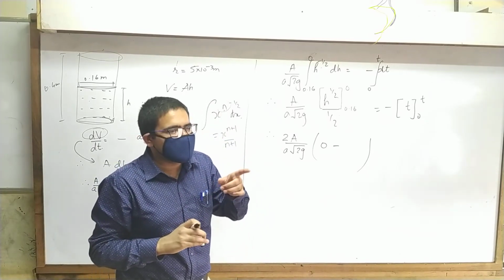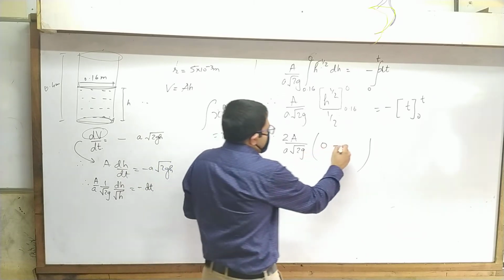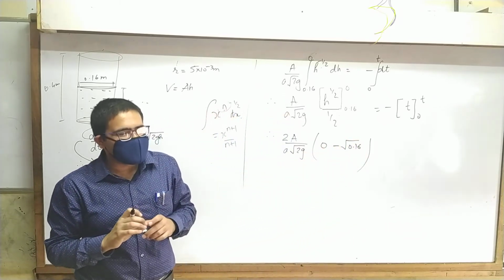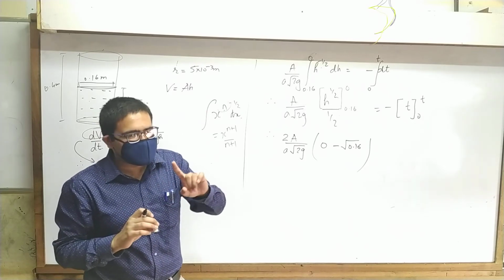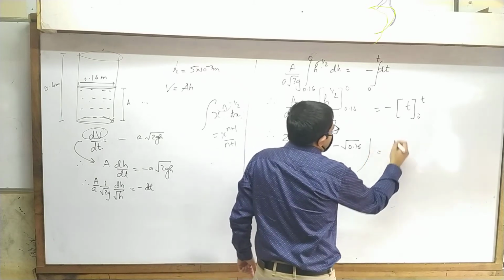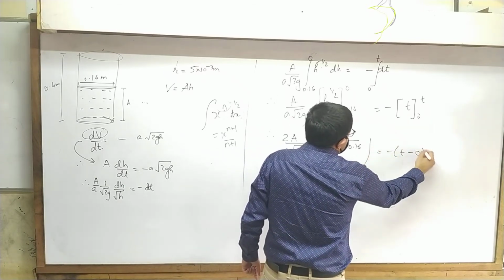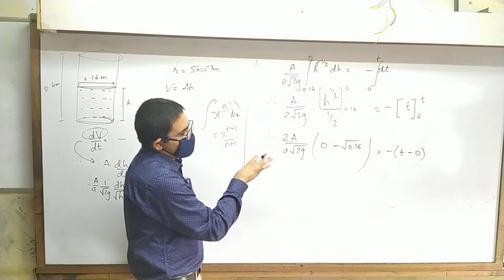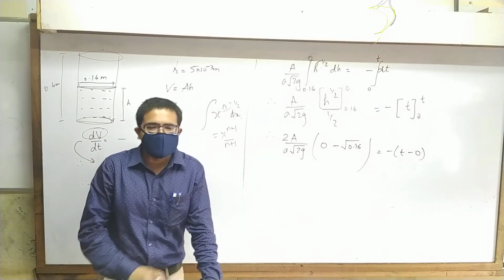Half power means square root. So the square root of 0.16 is 0.4. And here minus t minus 0. I hope you got that. Upper limit minus lower limit. Find it. Come on. Get done.